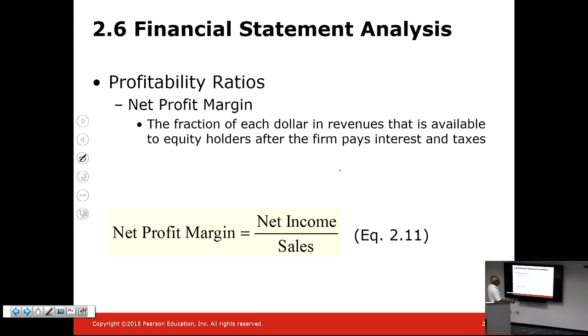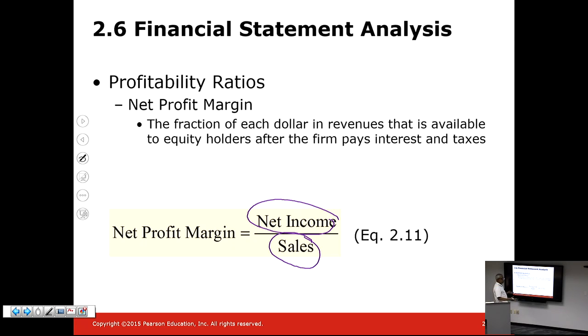Net profit margin, we go to the very bottom line, the net income line, and we take net income and divide that by sales. So for the total profit that the company generated, what was the total profit for every unit of sales that the company had, so every dollar of sale that the company had. So now we can compare a firm with $1 billion sales versus another firm with $100 million sales.